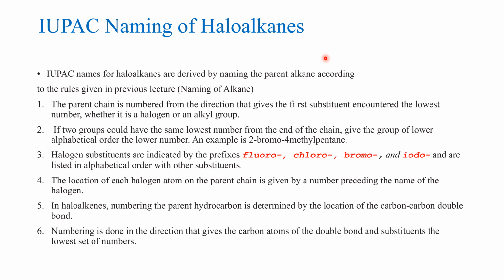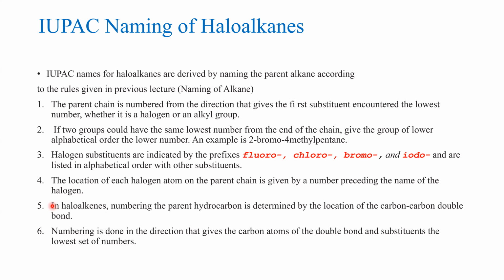You can see this is a low priority function. This is not the major functional group. So whenever it comes to organic compounds, we treat it as a prefix, not as a parent class, not used as a suffix. For example, with carboxylic acids, this is butanoic acid or propanoic acid. We use the suffix acid because this is a major class. But in the case of the halogen, we treat it as a prefix.